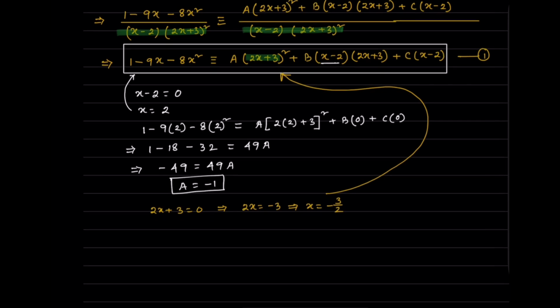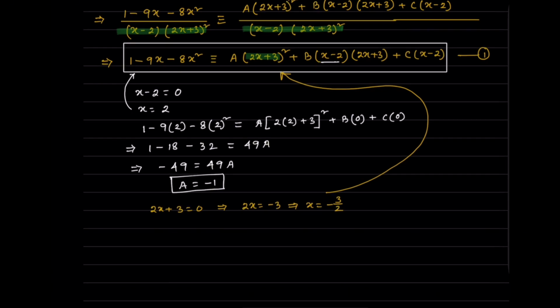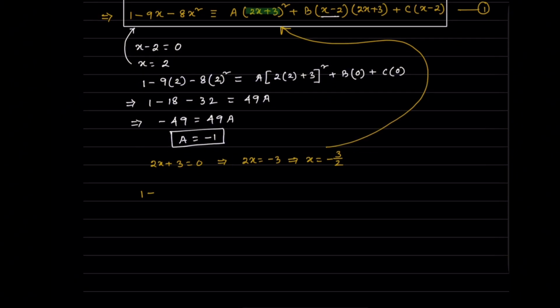So we get 1 minus 9 into minus 3 by 2 minus 8 into minus 3 by 2 whole square equals a times 0, because 2x plus 3 is 0, plus b times 0 again, plus c into minus 3 by 2 minus 2.